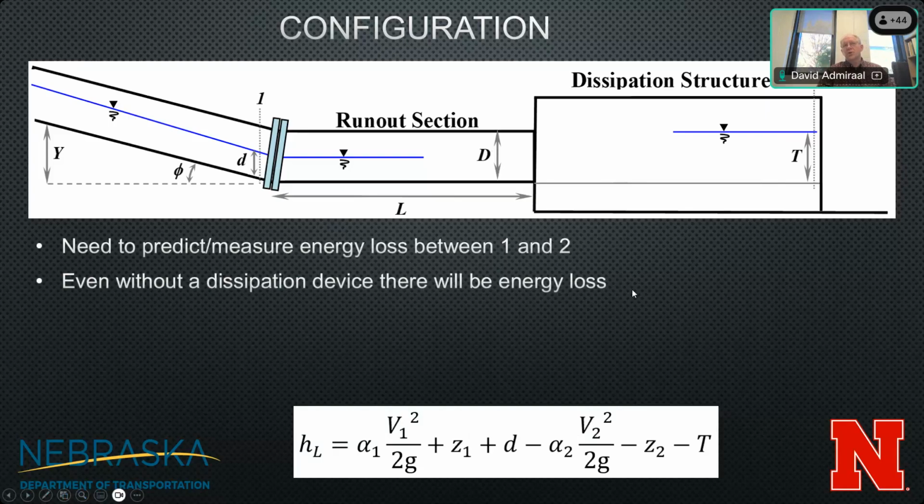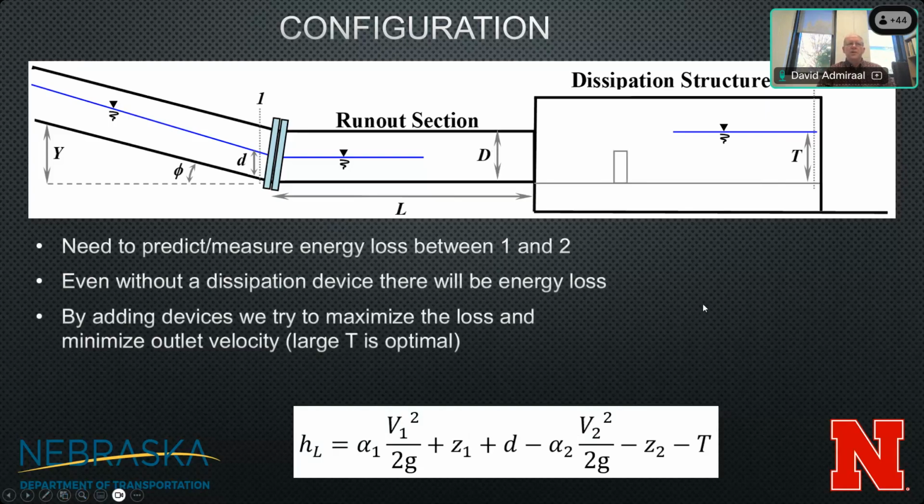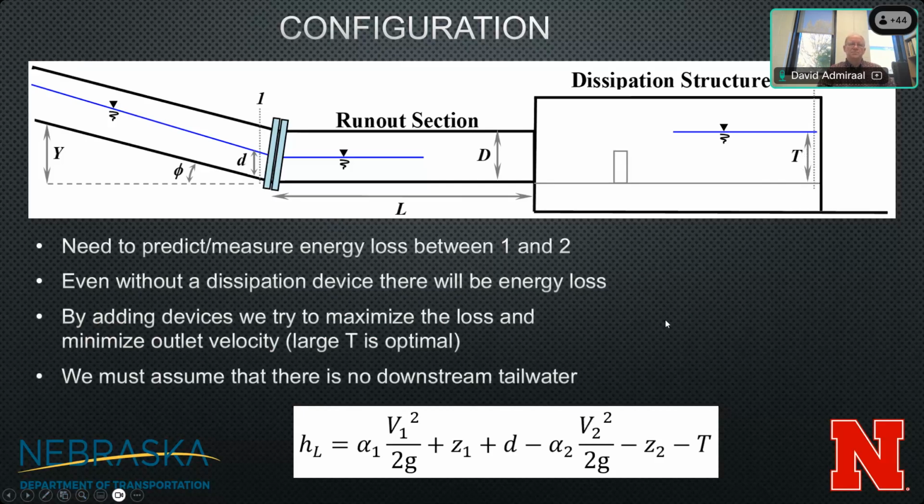It's not enough, but it does cause some. By adding devices like this one right here, we try to maximize the loss and minimize the outlet velocity. And if this T value is big, then we've achieved our goal. But if T is really, really small, then we're going to have very high velocities at the outlet.